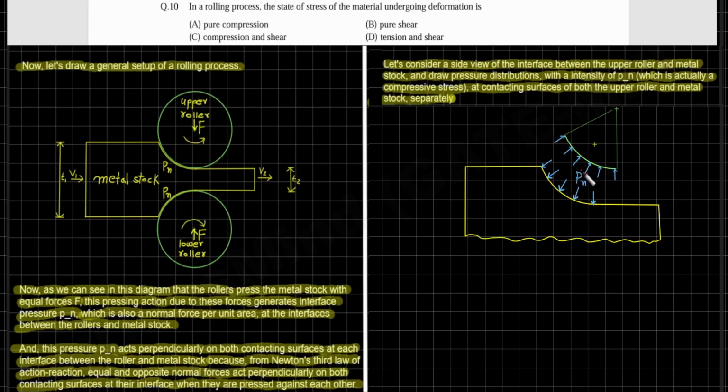Here interface pressure Pn acts perpendicularly on both of these contacting surfaces.